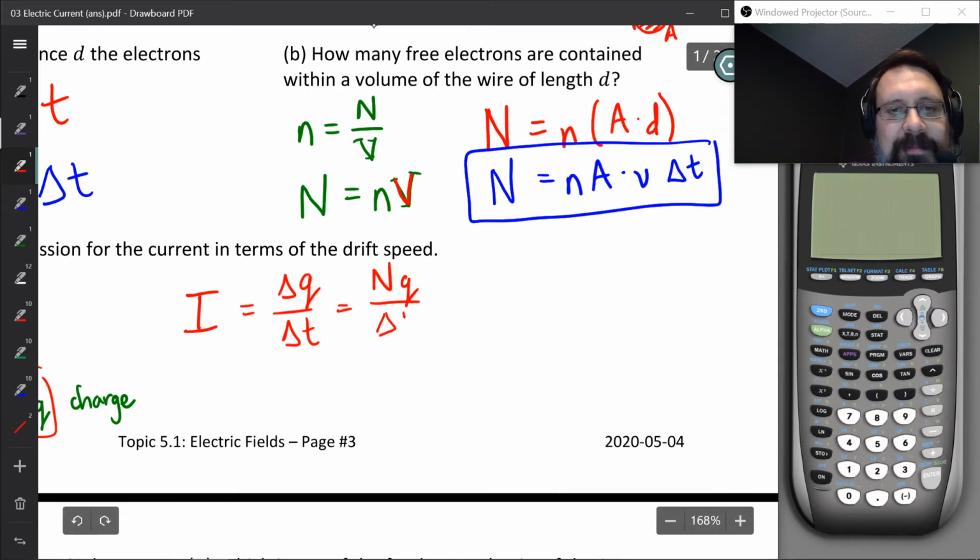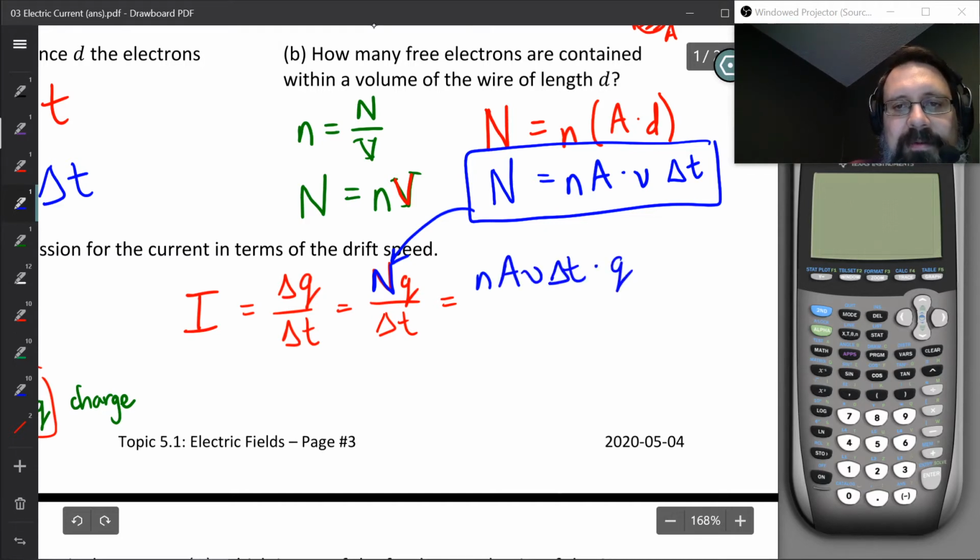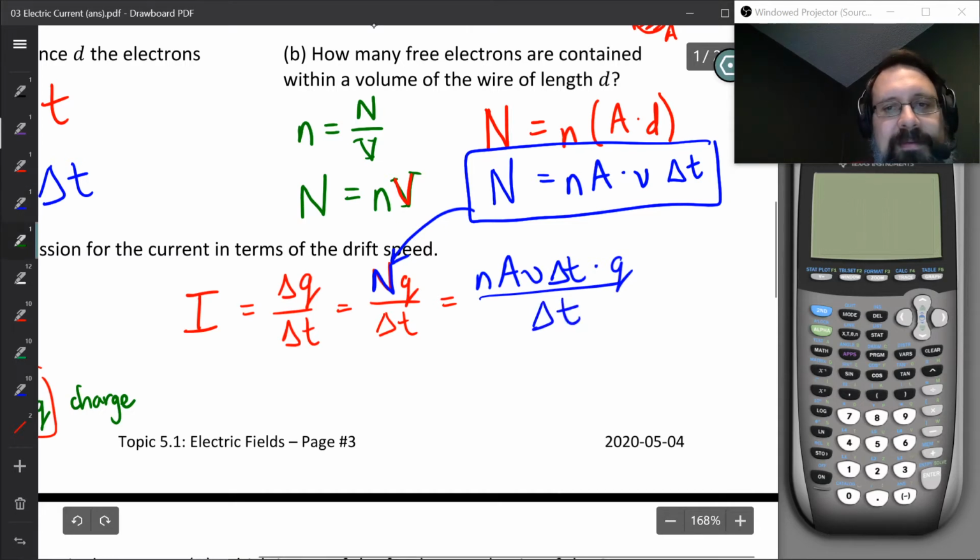Now we're going to substitute in this value of n. So we're going to get little nAv delta T times q divided by delta T. And then we can see that the delta T's will cancel out. And then we get this equation that says the current, the rate that these electrons flow, is going to be equal to nAvq.